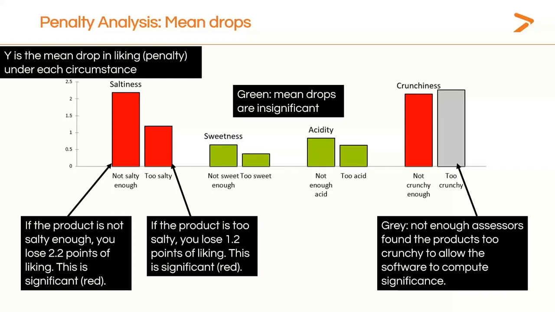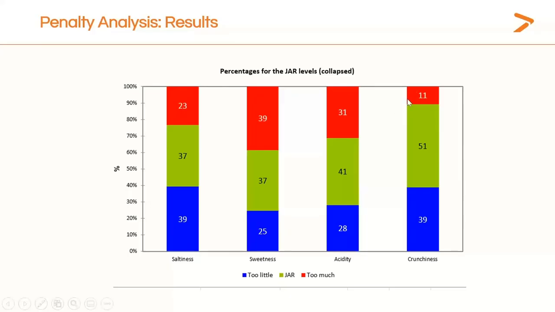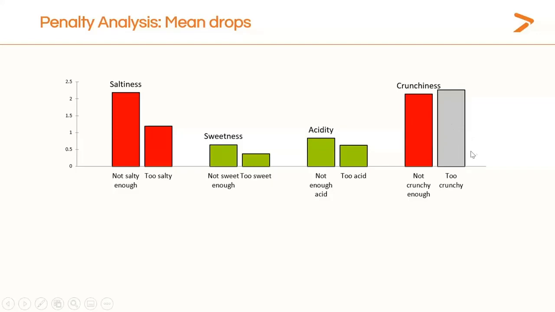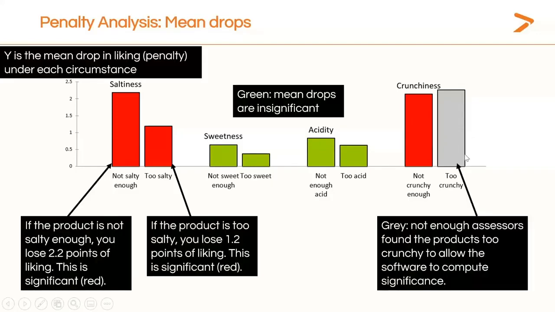Anyway, if we get back to this chart, notice that only 11% of samples were checked as too crunchy. So we cannot really test significance in this case. So you see, you have very precise and quantified evaluations of to what extent your attributes impact your liking scores.